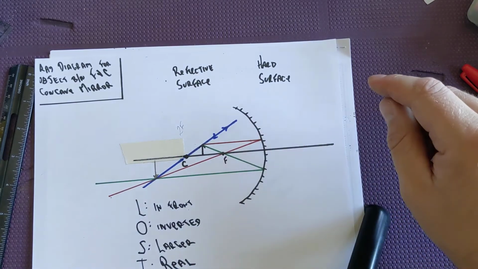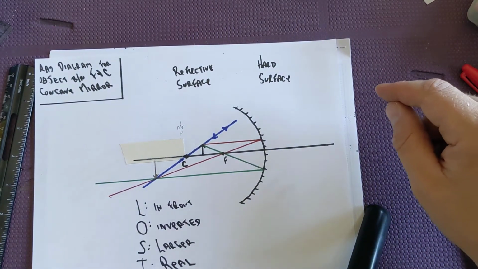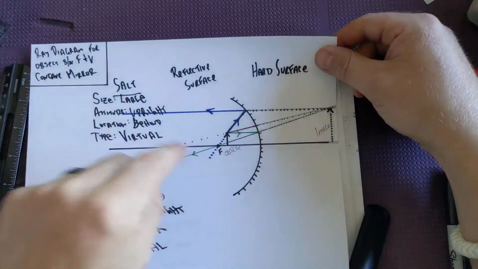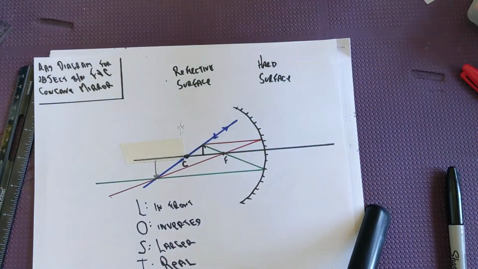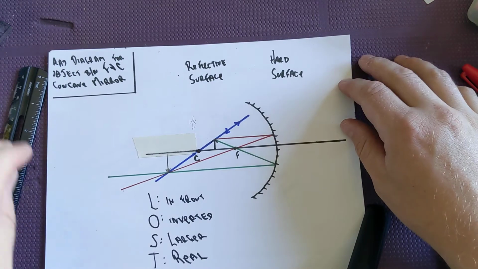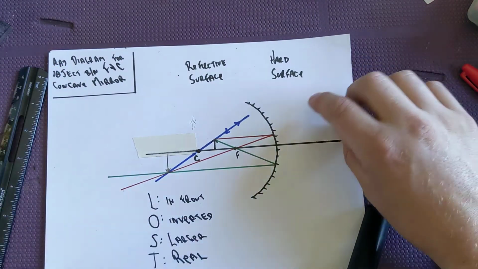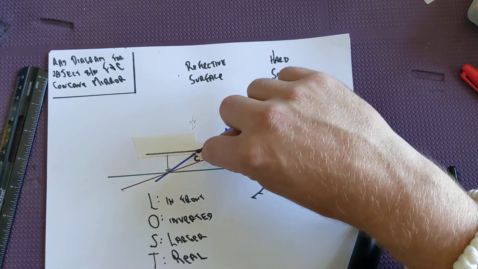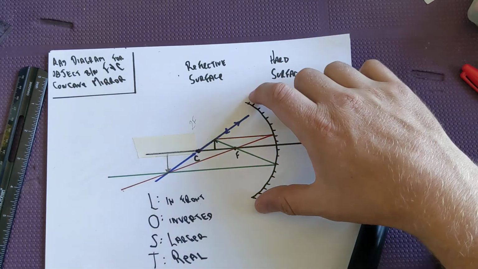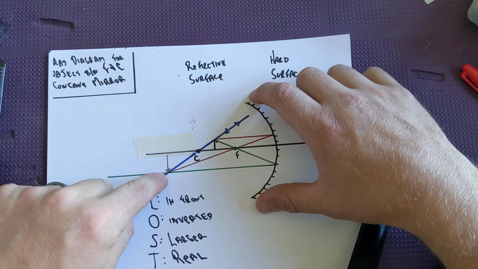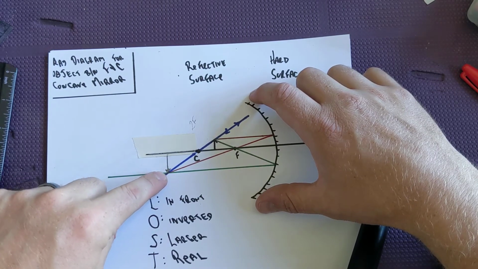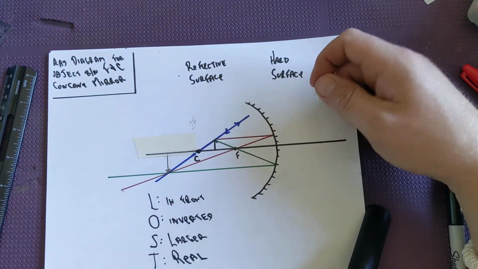If the rays intersect behind the mirror, we've got a virtual image, but because for a ray diagram for an object between the focal point and the center of curvature in a concave mirror, the reflected rays intersect in front of the mirror, we have a real image.